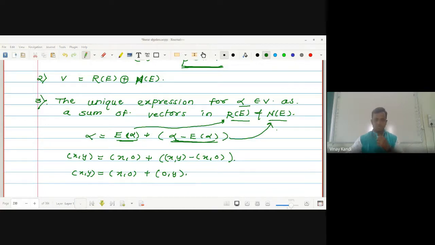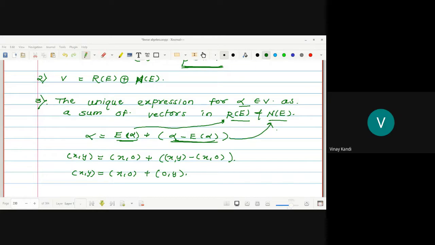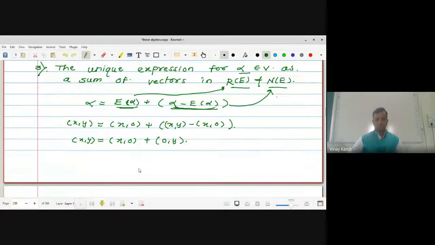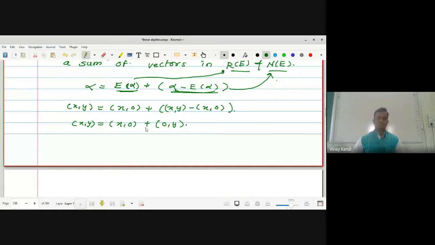ओके, वेट करा एकच मिनिट. ओके, any doubt up to here? No, sir. Okay, so this is xy is equal to x0 plus 0y.